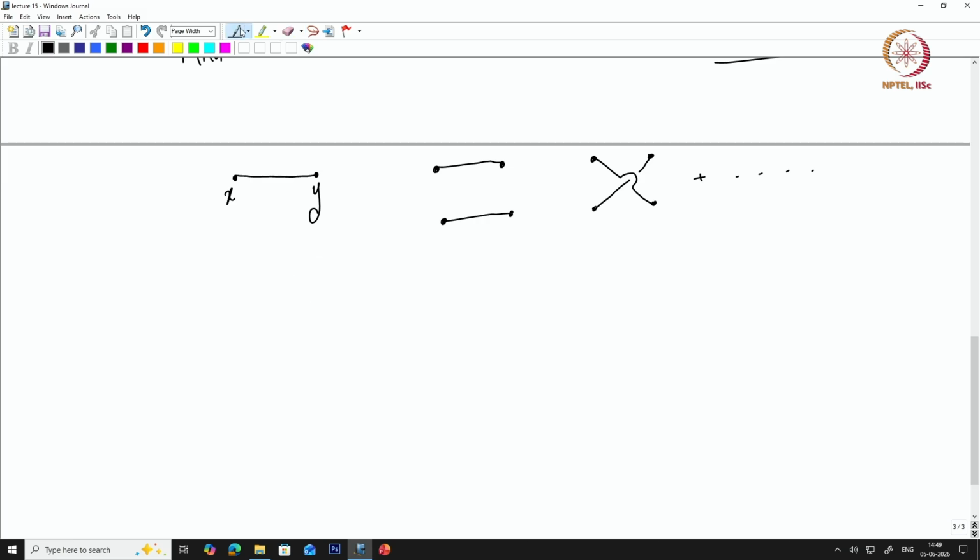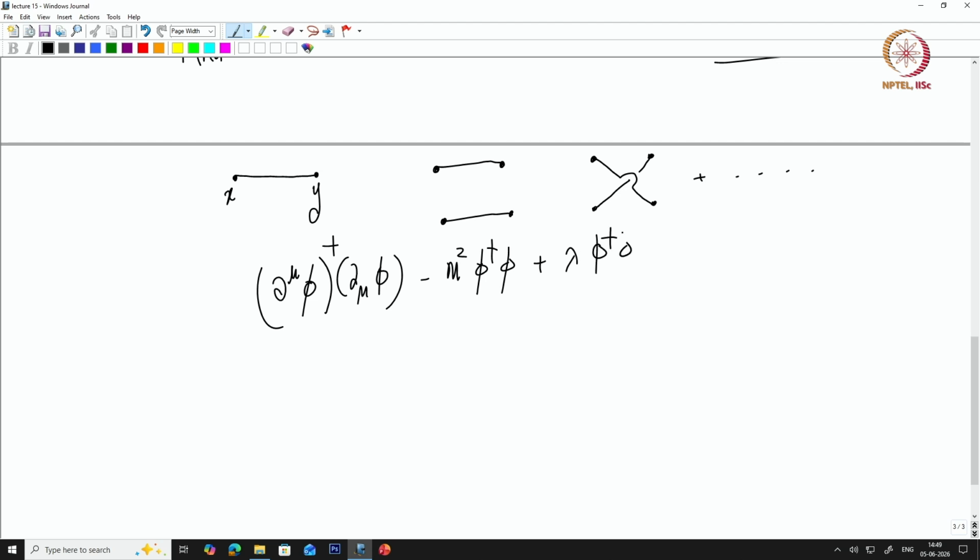Now we remember what our Lagrangian is. Essentially you have del mu phi dagger del mu phi minus m square phi dagger phi plus lambda phi dagger phi whole square. So you have 2 point contractions, and then you have 4 point contractions, and so on.